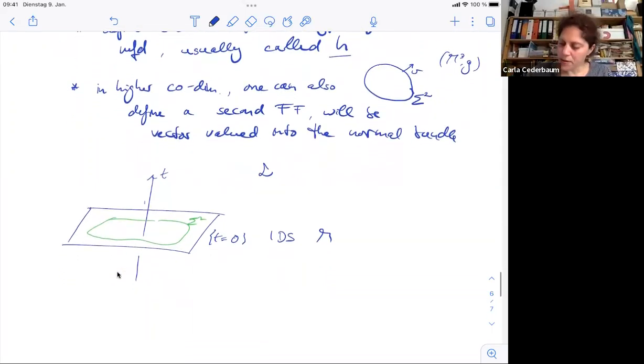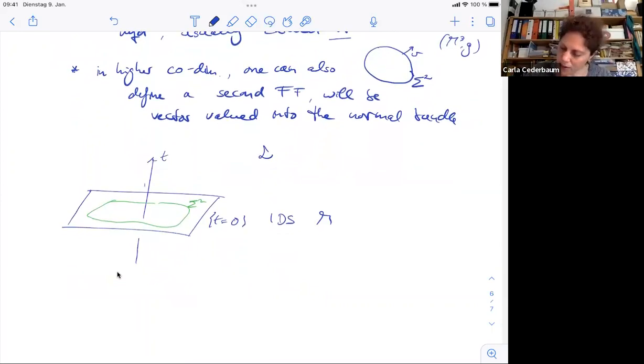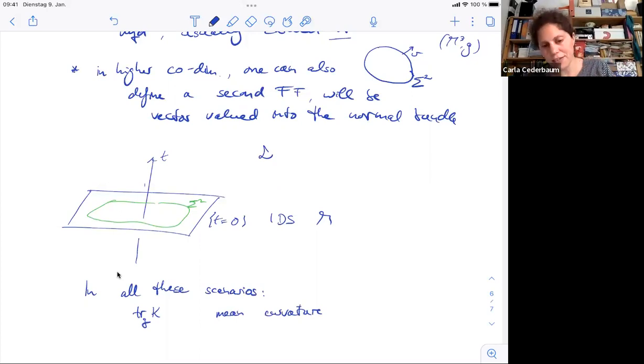Okay. I will draw something in there in a second, but let me write something before. So in all these scenarios, including the one we discussed at length, it is instructive to compute the trace of the second fundamental form with respect to the spatial metric, and this is called the mean curvature. So this would be an interesting average over this second fundamental form behavior.